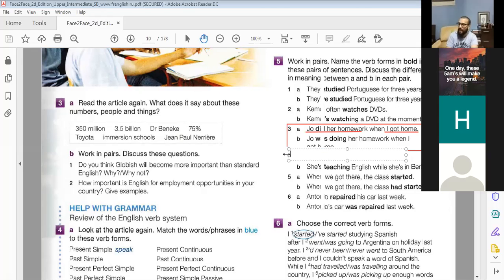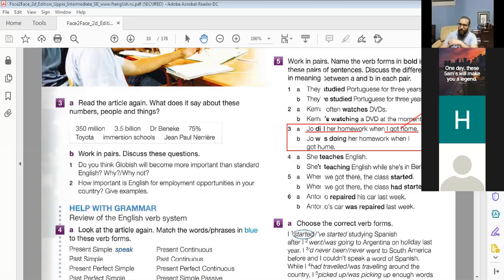Okay. Yeah, exactly. So here there's actually an optional had. When links two actions. There's an optional had. The first one after when. Yeah. The first action is after when. Correct. And normally there's an optional had here: when I had got home, got.